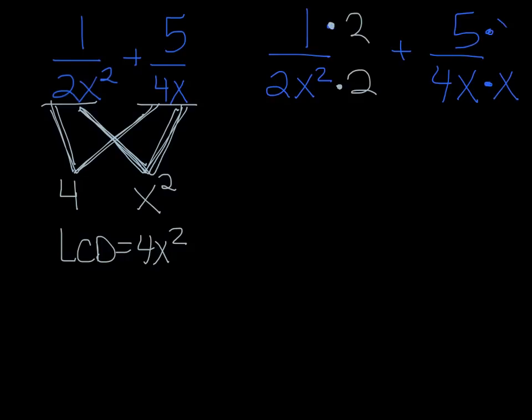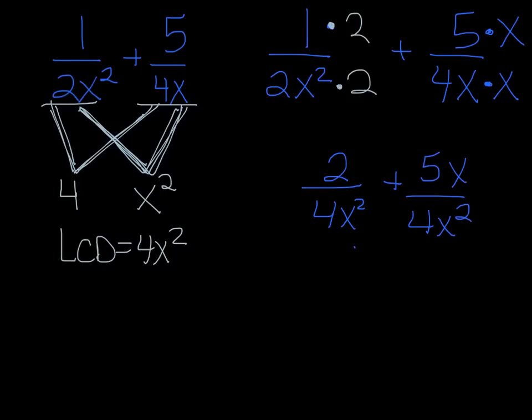Since you do it to the bottom, you have to do it to the top. So now I have 1 times 2 is 2 over 4x squared plus 5 times x is 5x over 4x squared. Now that I have a common denominator, I can just put the 2 and the 5x together. So 2 plus 5x on top and 4x squared on the bottom.